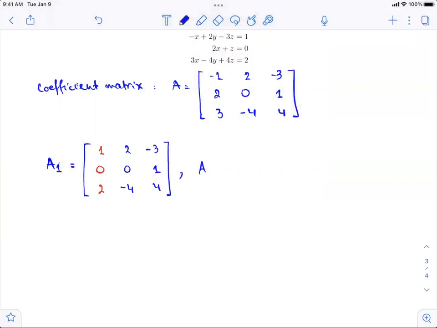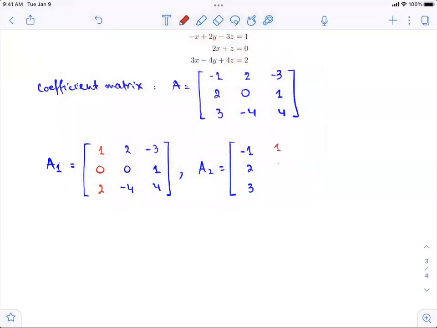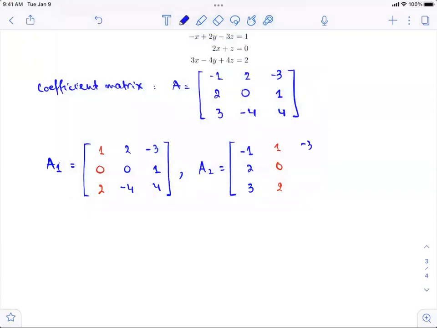For A2, you remove the second column of A and replace that with the entries of the right-hand side. So -1, 2, 3, the first column remains the same. The second column becomes 1, 0, 2. And the third column is -3, 1, +4.